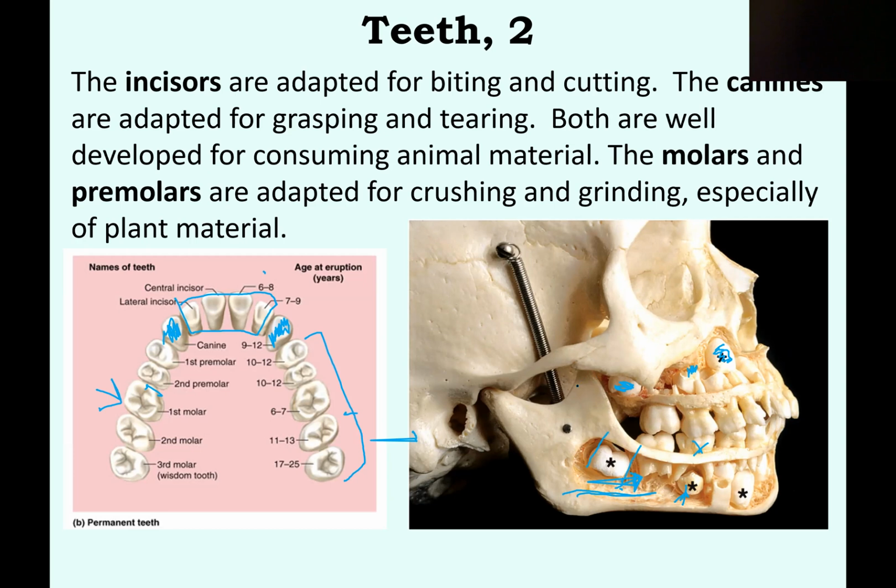Some people have more than one permanent tooth that comes in, so they'll lose the deciduous tooth, and then for some reason they lose that permanent tooth to get replaced by another. I have one nephew who never developed one of his canines, and so now he has a prosthetic tooth or implant.